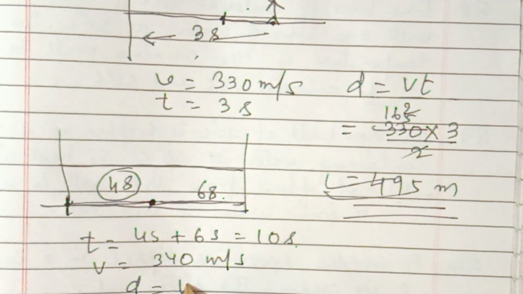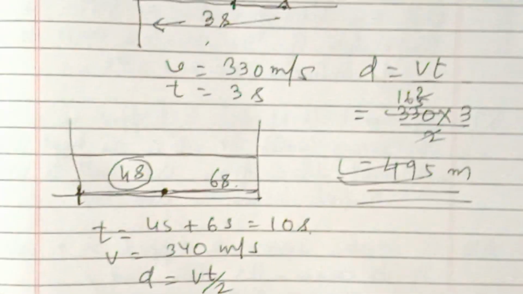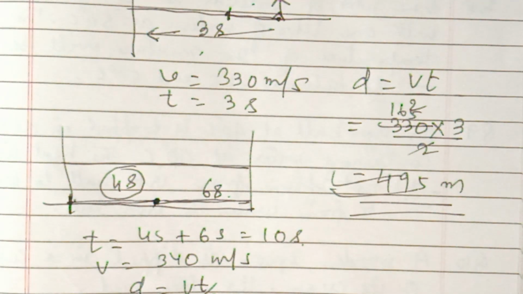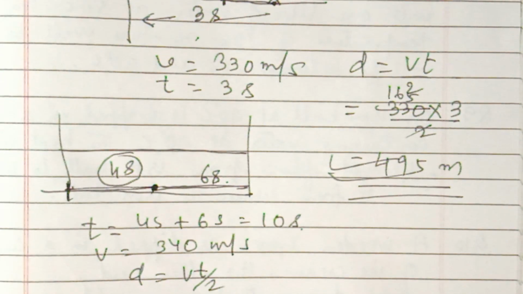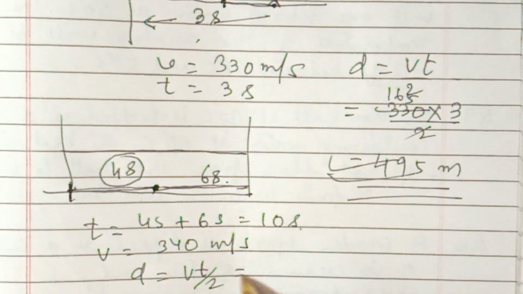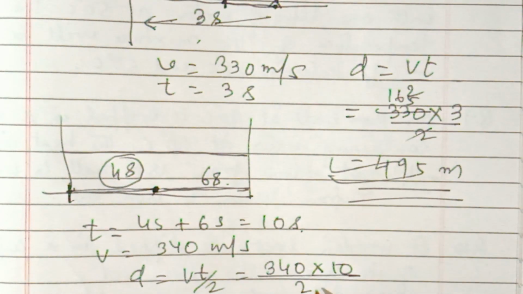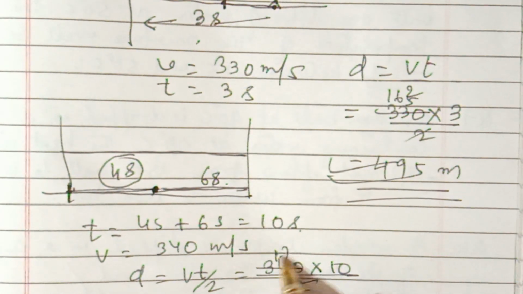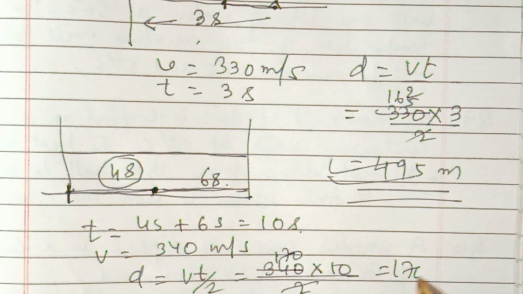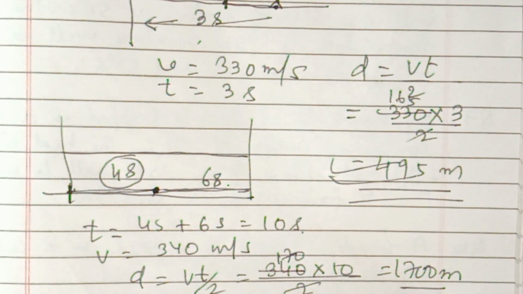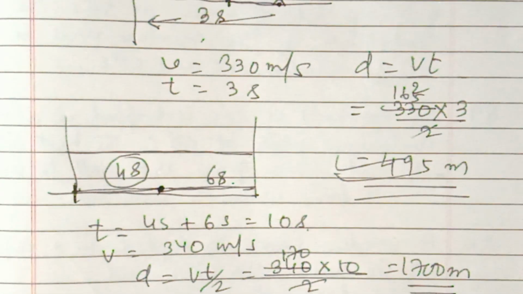Then d is equal to vt by 2. So v is 340, t is 10, divided by 2. So 1700 meter is the distance.